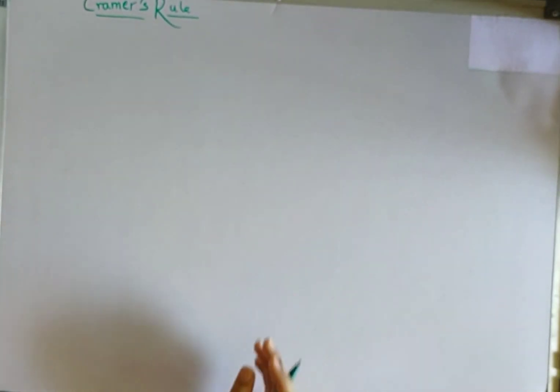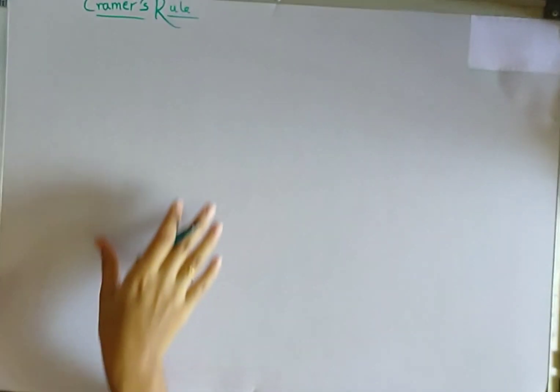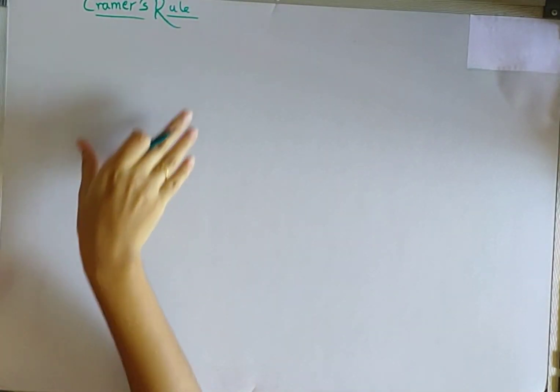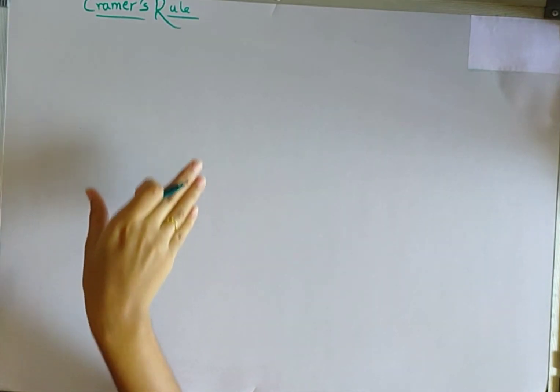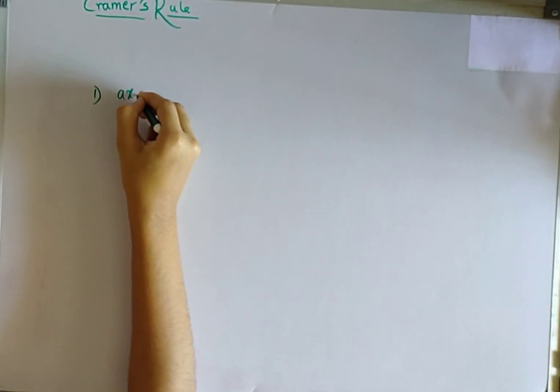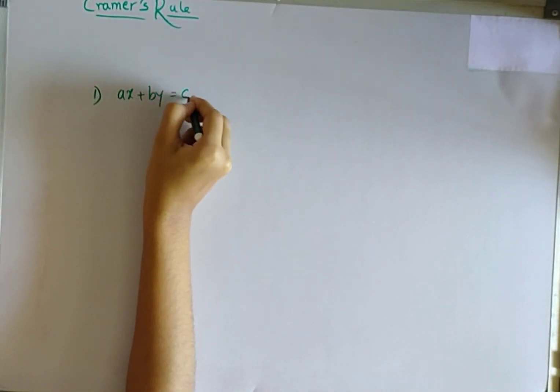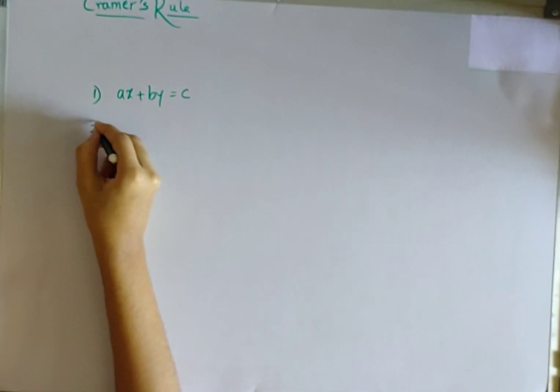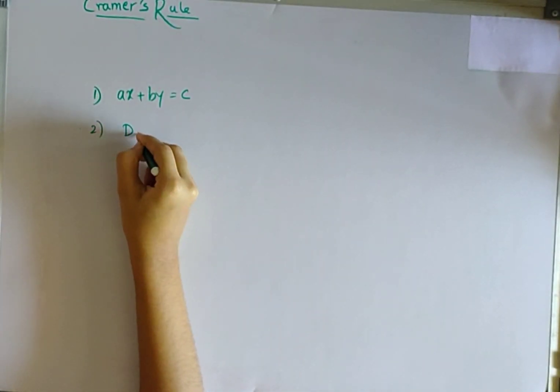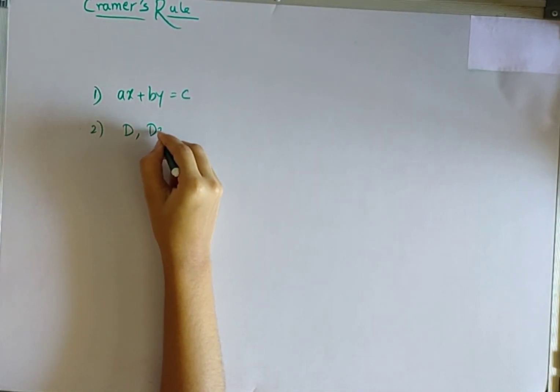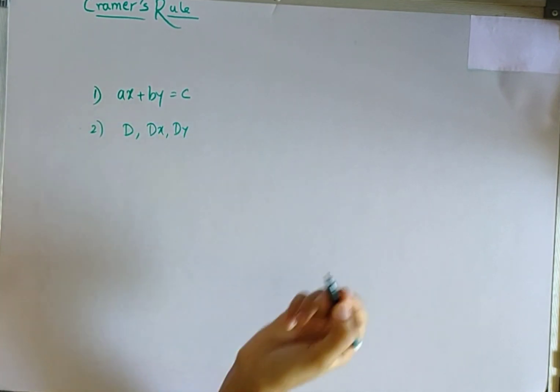Before that, I'll give you a few short steps to note down so that you can find it easy while solving the sums. The first step is you need to write down the equation in the form of ax plus by is equal to c. The next step is you need to find the value of determinants d, dx and dy.